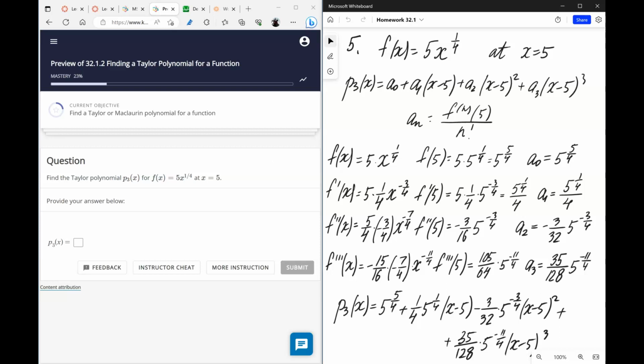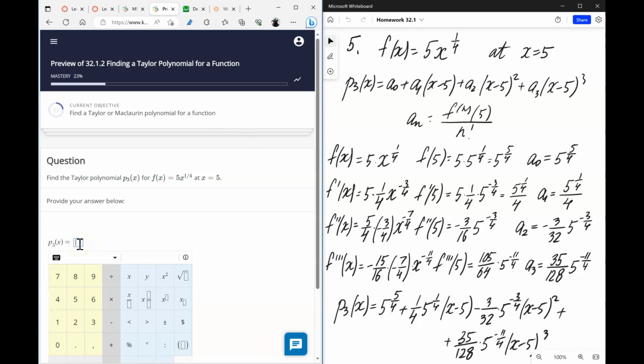And it's not pretty, so now we just have to type it all up.